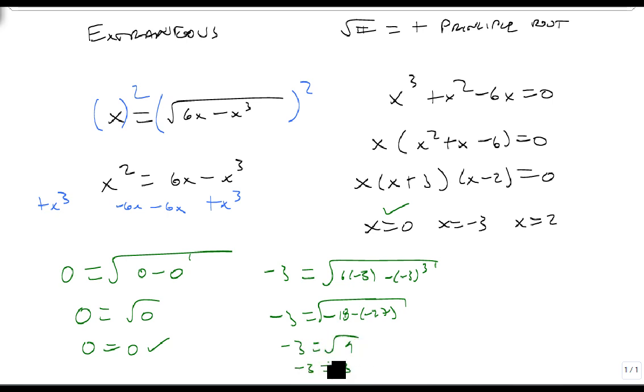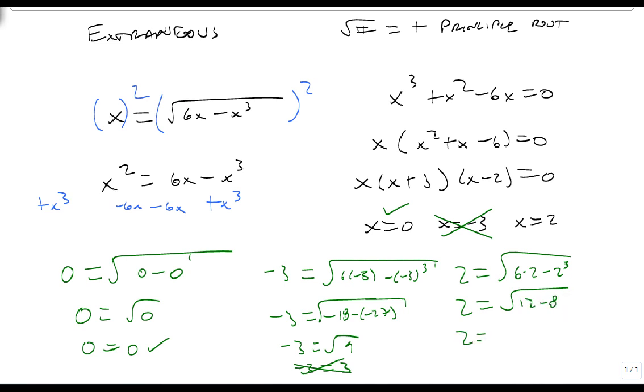Negative 3 equals 3, which is false, so that answer doesn't work. And 2 equals the square root of 6 times 2 minus 2 cubed, is 2 equals the square root of 12 minus 8. 2 equals the square root of 4, and 2 equals 2, which sure enough works. So my answer to this equation is simply x equals 0 and 2. The negative 3 got ruled out because it doesn't actually work when we plug it back in.